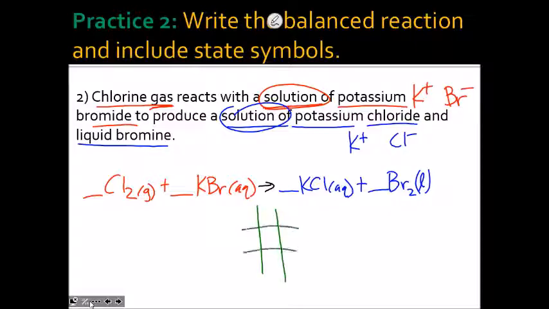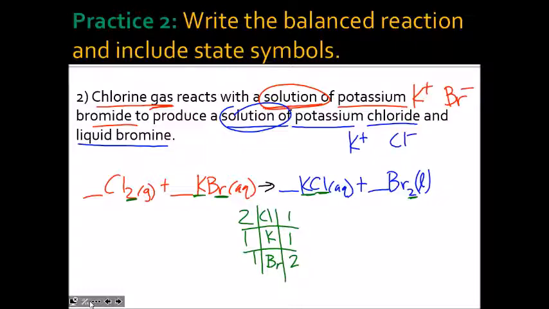You don't have to do the chart if you don't need to, but some of us need a visual aid, so I'm going to do the chart for me. Over here I have 2. Here I have 1. Here I have 1. On this side, 1 for the K, 1 for the Cl, 2 for the bromine.